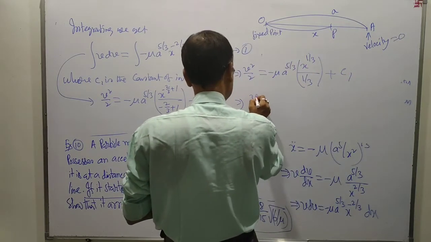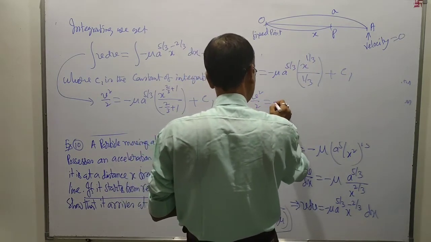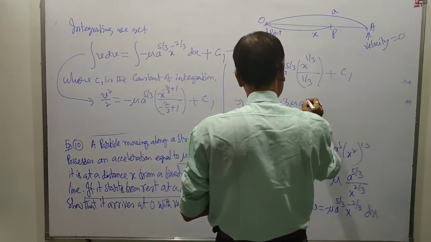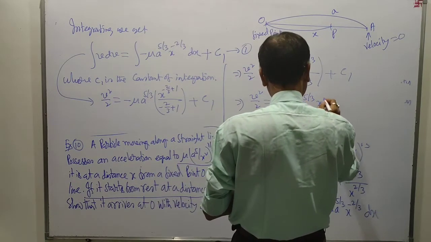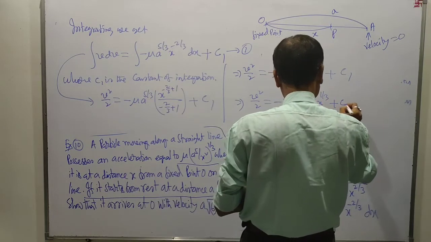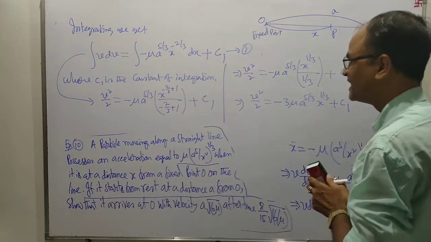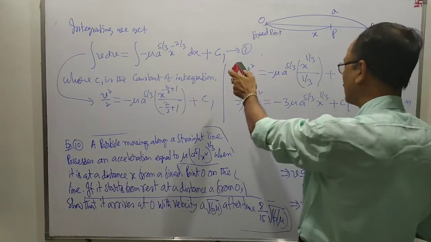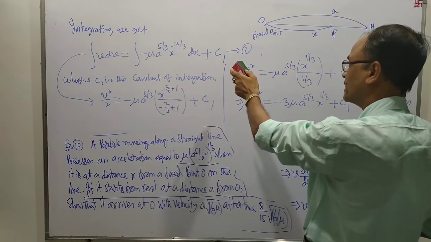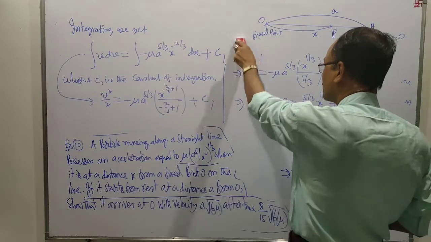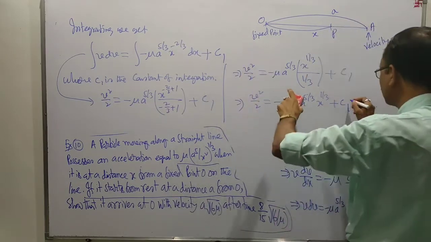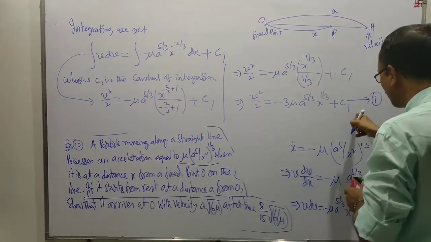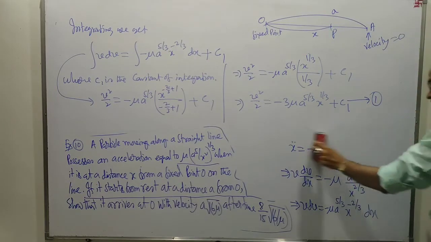This means v square by 2 equals minus thrice mu a to the power 5 by 3 x to the power 1 by 3 plus C1. Write this equation as number 1.